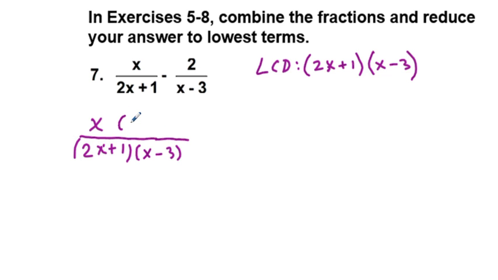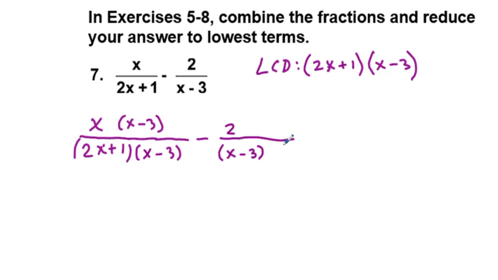So here we have x minus 3 in the numerator and the denominator, which doesn't change the basic nature of this fraction, right? That's going to be the same. Then we have minus 2 over quantity x minus 3.